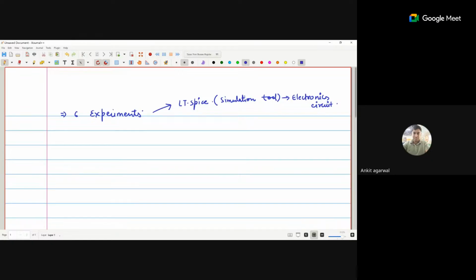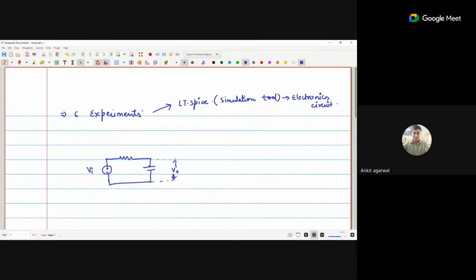So you have to do that, for example, I give you one circuit, any circuit, in this way. Now we tell you what the Vi is, and what V out we require.